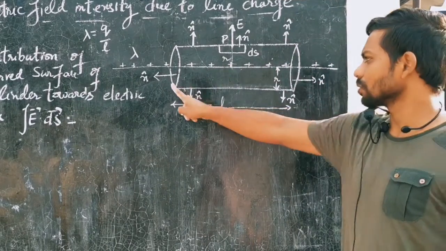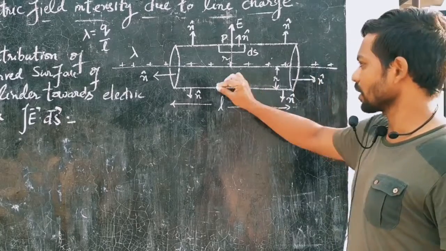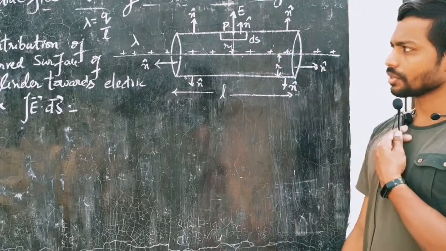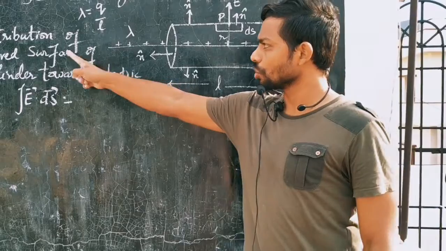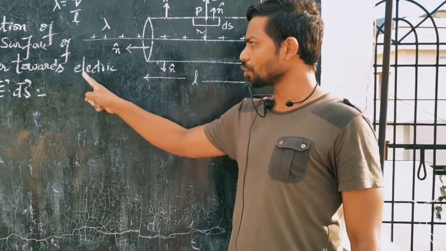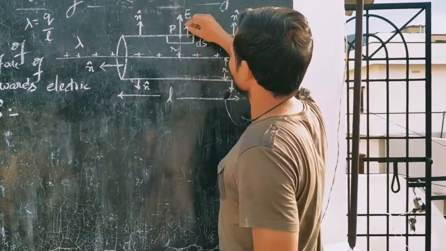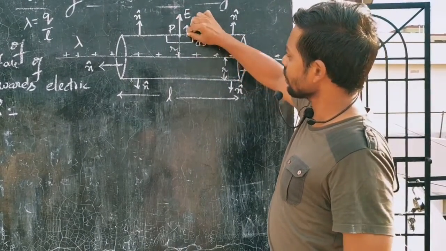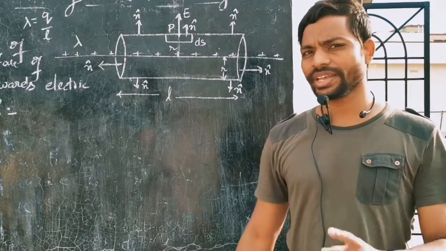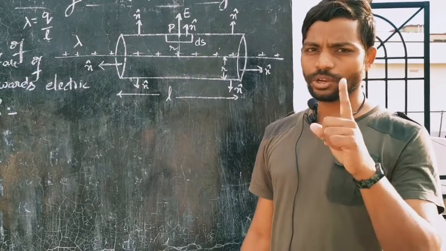For the ends we can see these are the area vectors, right? So first we'll see the contribution of the curved surface of the cylinder towards electric flux. You can see here both electric field intensity as well as area vector are in the same direction. So again theta is 0, so cos 0 value is 1.